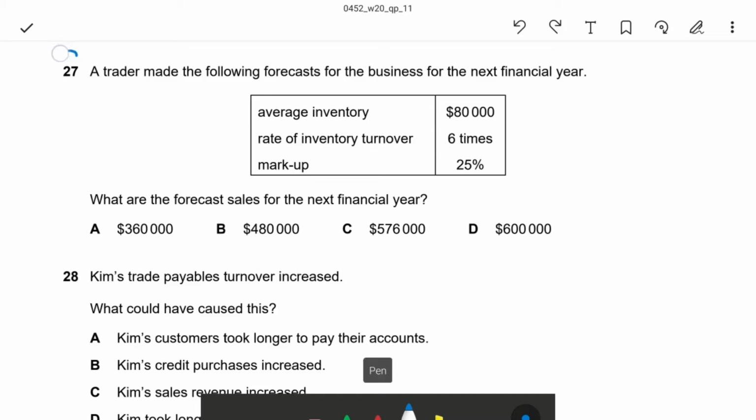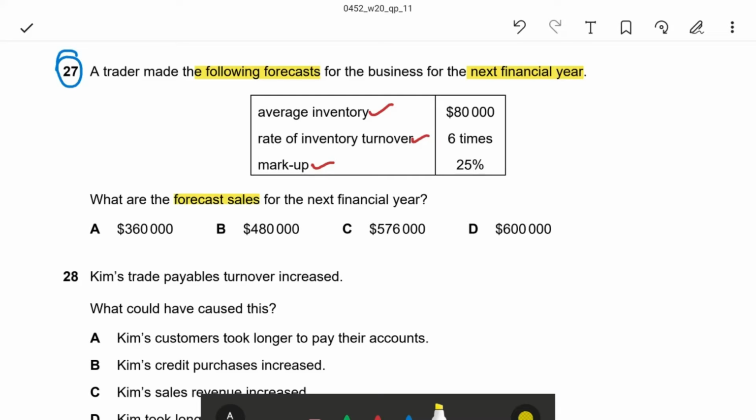Question number 27. A trader made the following forecast for the business for the next financial year. They are given average inventory, rate of inventory turnover, markup. What is the question? What are the forecast sales for the next financial year?